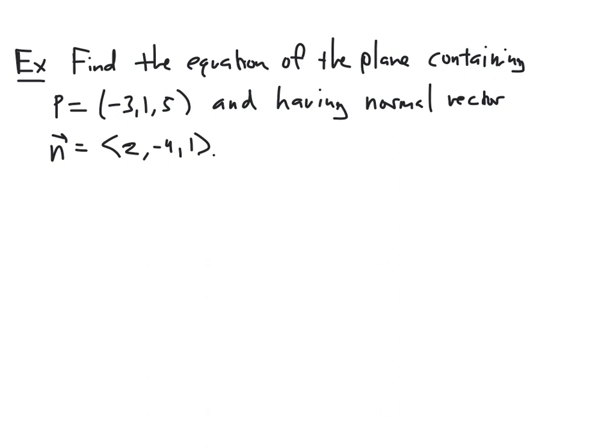Right? So this is probably the most straightforward kind of problem that we could do with planes. We're given a point, and we're given the normal vector.